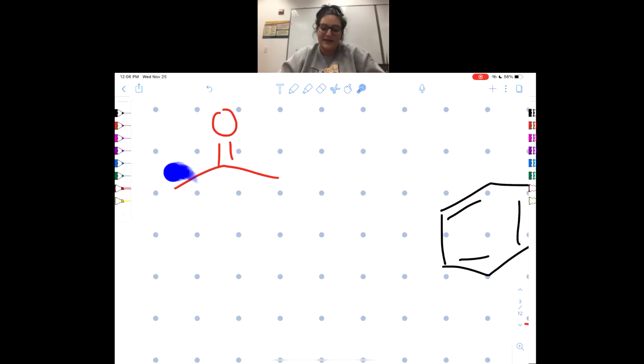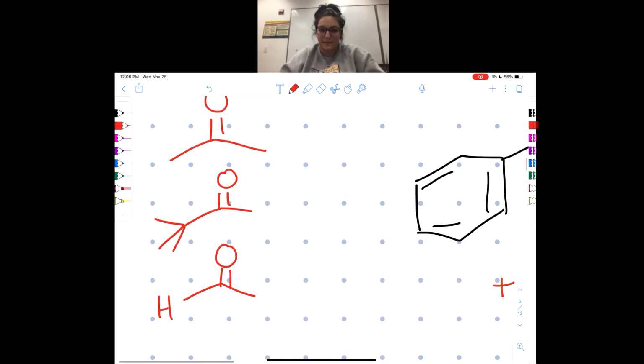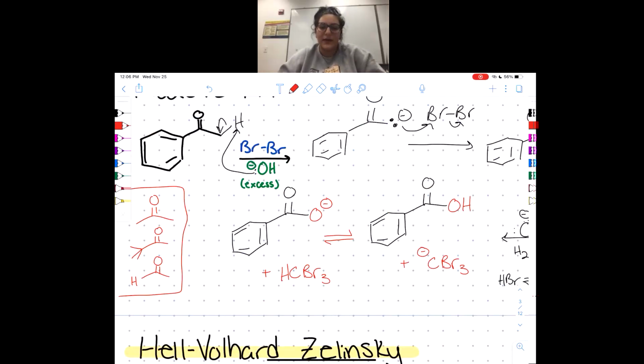These are exactly the same. So this could undergo the haloform reaction, something like this, or something like this. So these could all undergo the haloform reaction, or anything that kind of looks like that, where all we have is a primary carbon for our alpha position.